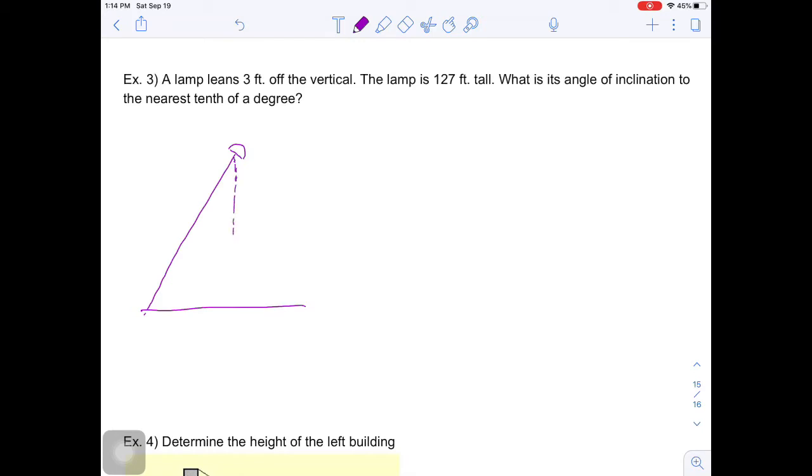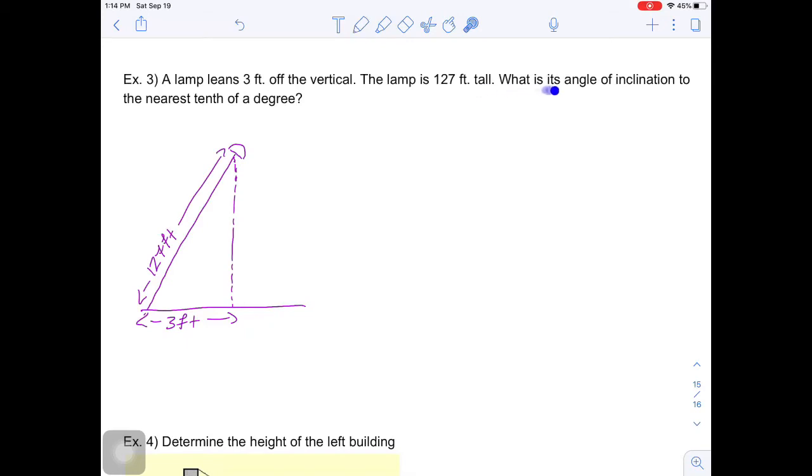You can imagine it creates a bit of a right triangle. Okay, 3 feet off the vertical means this is 3 feet. Okay, because if we pushed it 3 feet back, it would be now not perfectly vertical. The lamp is 127 feet tall, so this lamp is 127 feet.